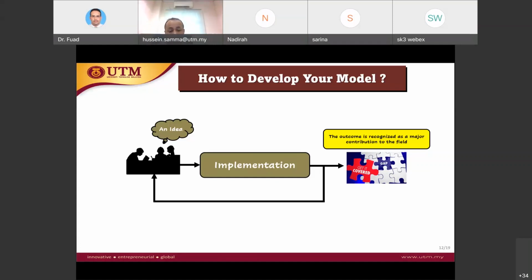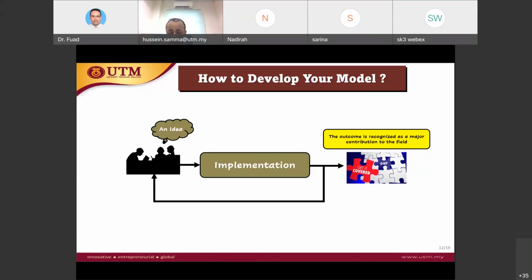It's a time-consuming process. There is no shortcut. There is no way that you just implement your idea and get the result. You have to go through it many times until you have an outcome that can be published and recognized as a major contribution.